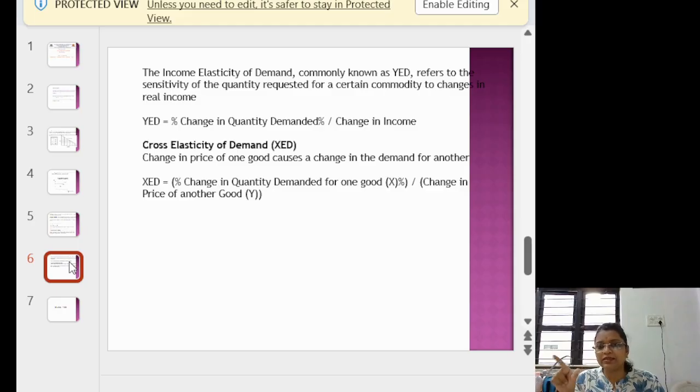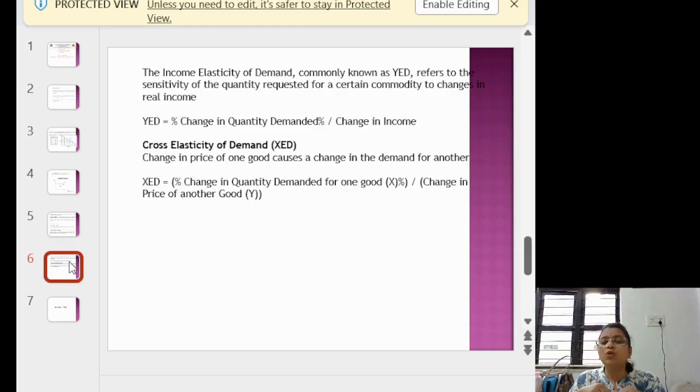Specifically, elasticity of demand defines the sensitivity of the quantity or sensitivity of the product. Means, if some commodity, service or product is like that, whether the price is high or low, you have to purchase up to a certain amount. That is called the sensitivity of the product, like petrol.